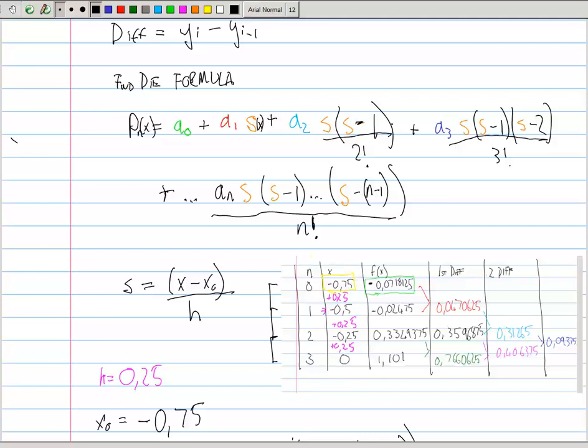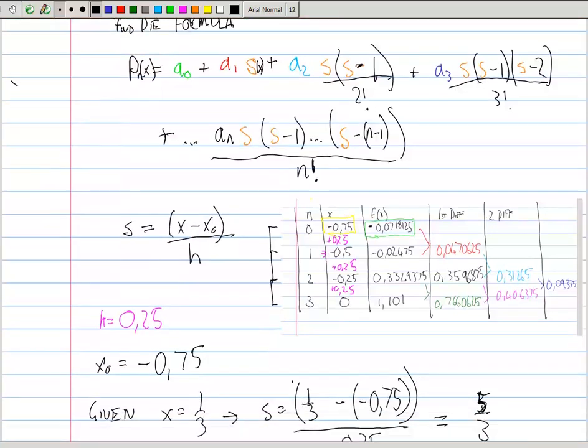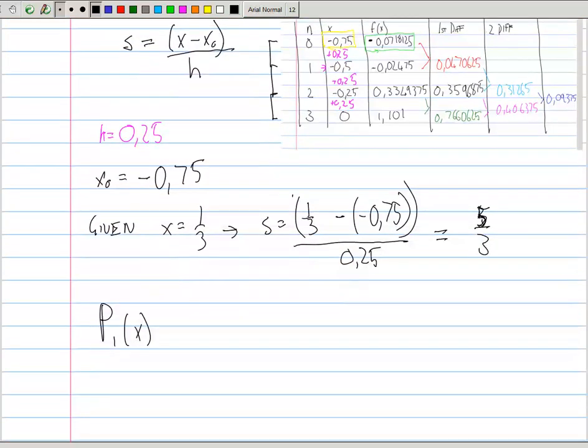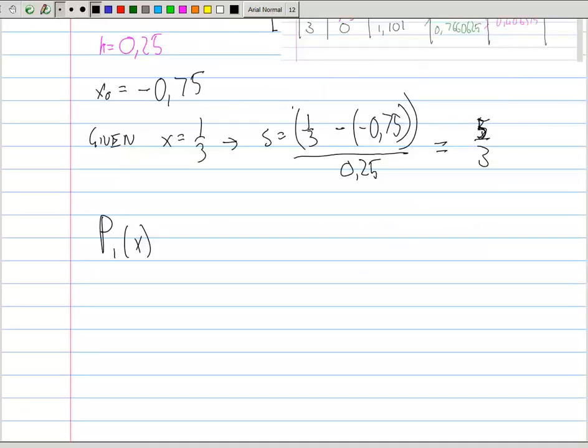So this is technically Pn as a function of s, but we want it to eventually be a function of x, because s is a function of x. So just for proper full clarity, I will write this as P1 as a function of s, which is a function of x.